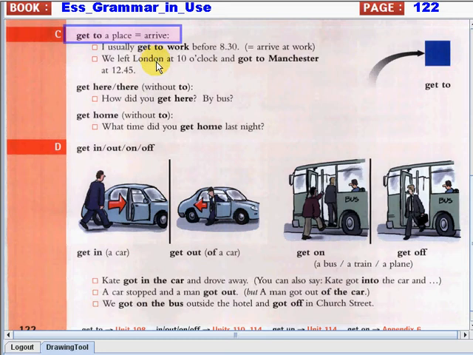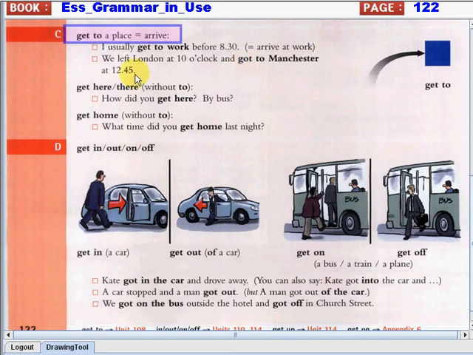You can also say, we left London at 10 o'clock and got to Manchester at 12:45. So in this example, you're saying that you arrived at Manchester at 12:45.